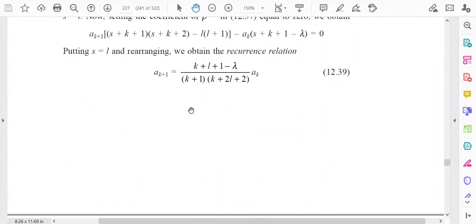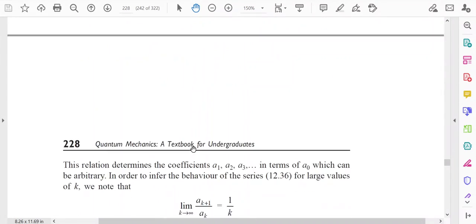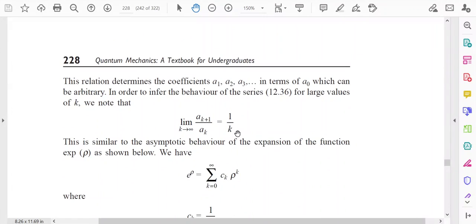Because you see this relation between ak plus 1 and ak, and you know the rules of the limit which we have learned in calculus. So if we write ak plus 1 by ak as this one, and set k tends to infinity, then we can easily show that the limiting value of ak plus 1 by ak as k tends to infinity will be 1 by k.